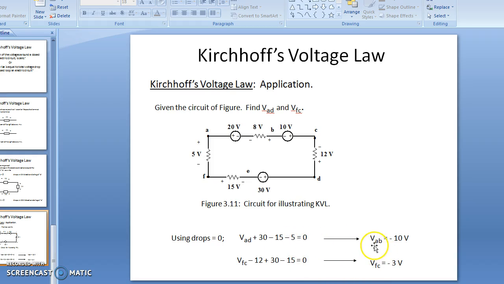Applying Kirchhoff's law, we will get VAD is equal to minus 10 volt and VFC is equal to minus 3 volt. So this is how to find the unknown voltages in a single loop closed circuit. So in the next class we will consider more complex problems of finding the voltages and currents in multiple loop electric circuits.